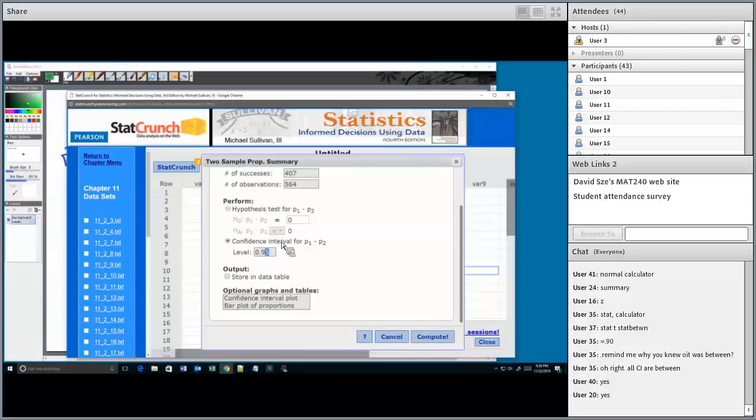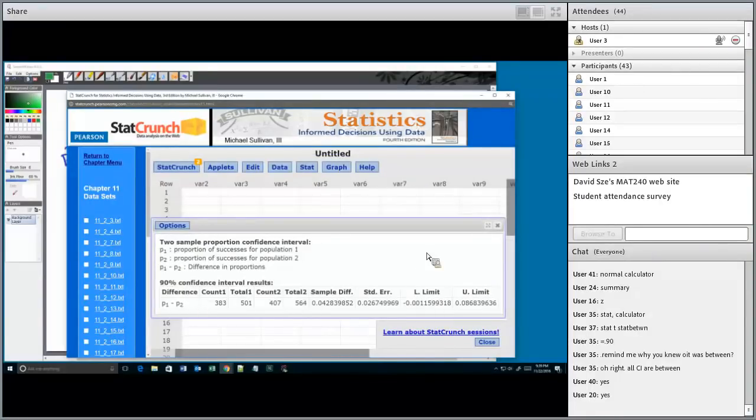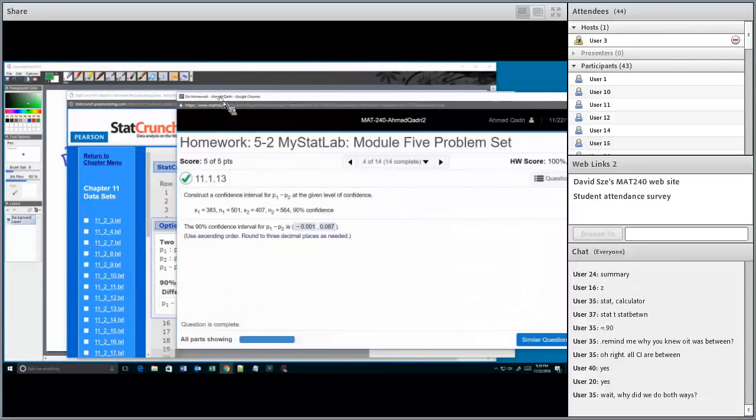I'm going to choose a 90% confidence interval, so it's 0.90. I hit compute and take a look at what I get. I get the lower limit and the upper limit. It's minus 0.001 and 0.0868.